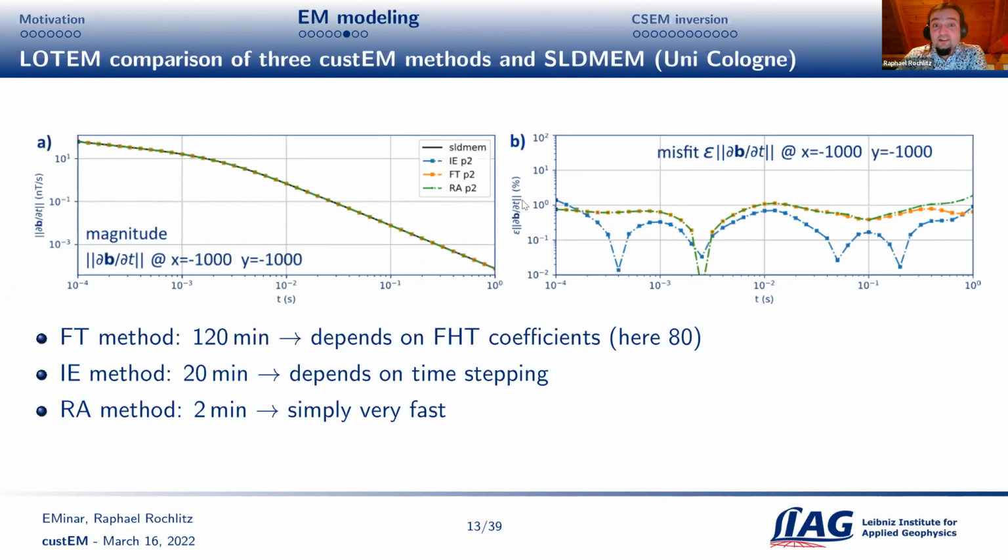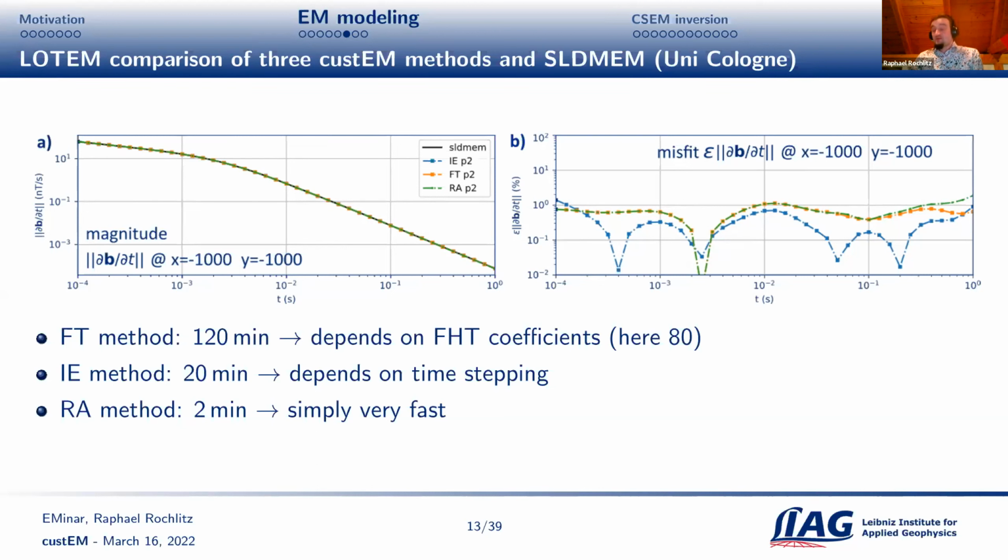And if we look at the errors for this comparison, we see that the Fourier transform and the rational Arnoldi methods show kind of similar errors. So here it is mainly a matter of interpolation errors, I think, and discretization. And the implicit Euler method involves also another error source. This is the time stepping.